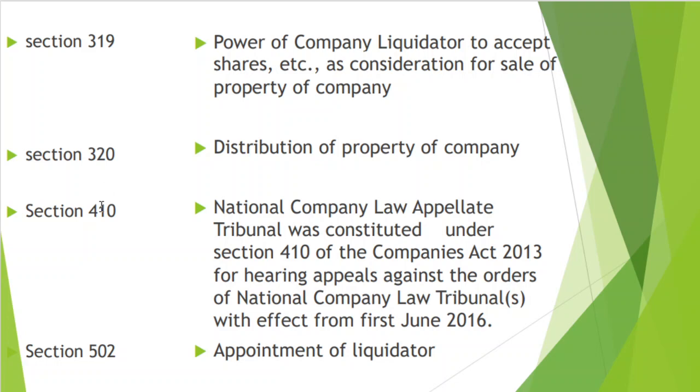Section 410, National Company Law Appellate Tribunal, which was constituted under Section 410 of the Companies Act 2013 for hearing the appeals against the orders of National Company Law Tribunals with effect from 1st June 2016.